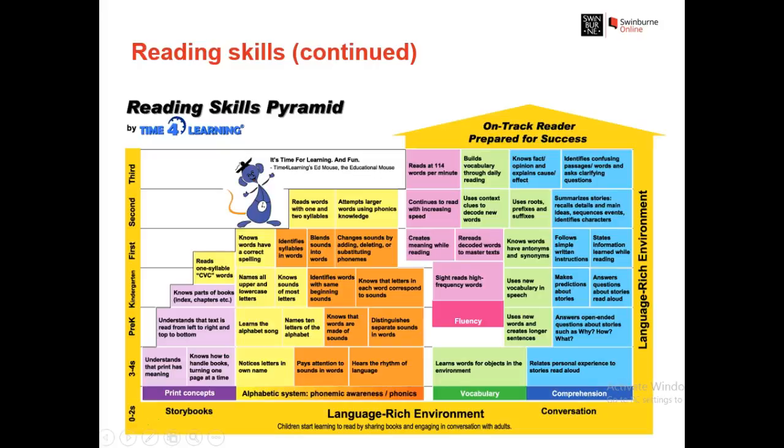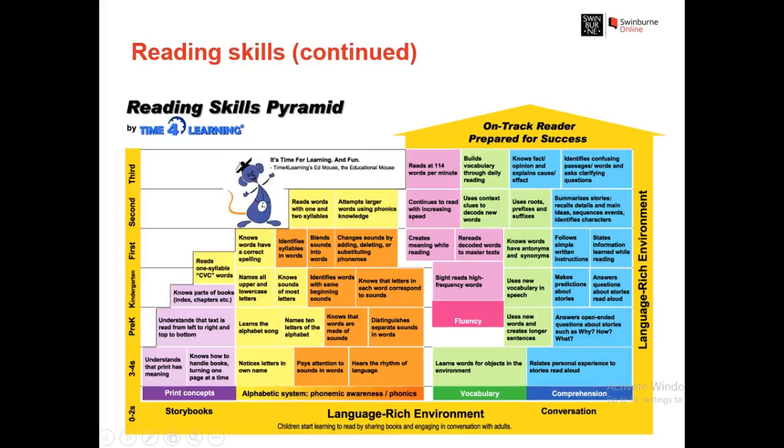By segmenting that word into its individual sounds and then blending those sounds all together, children are able to read the word as a whole. And once they've done that multiple times, they probably will be able to recognise the word as a sight word. Once a child has a broad sight vocabulary and can read words automatically, then they've achieved fluency, and fluency is an essential step for comprehension.